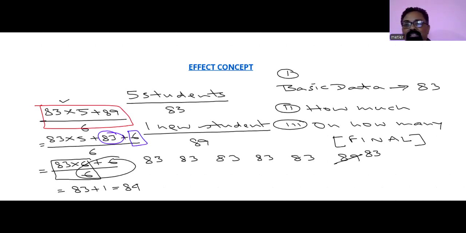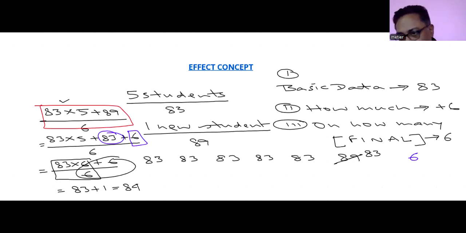Now, if it is an extra 6, come here: 83, 83, 83, 83, 83, 83. We have 6 in our hand. When you divide this extra 6 among these 6 students, how much effect do you get? The effect is the extra 6 divided by the final number 6, because when you calculate the final average, it will be the average of 6 students.